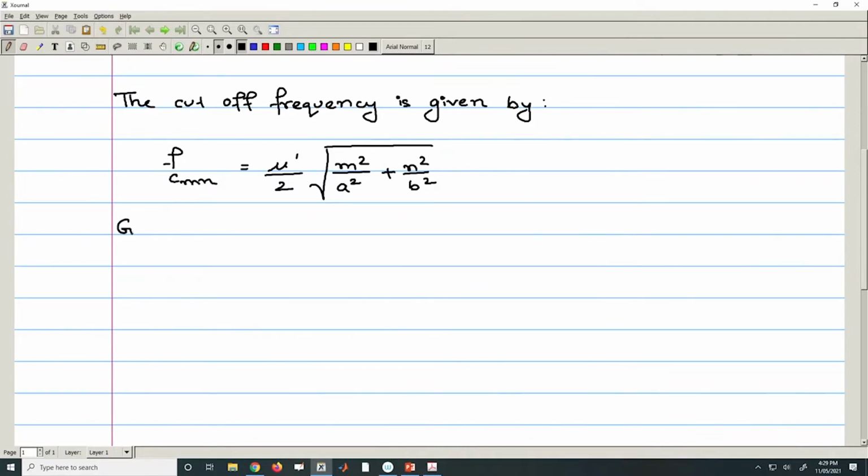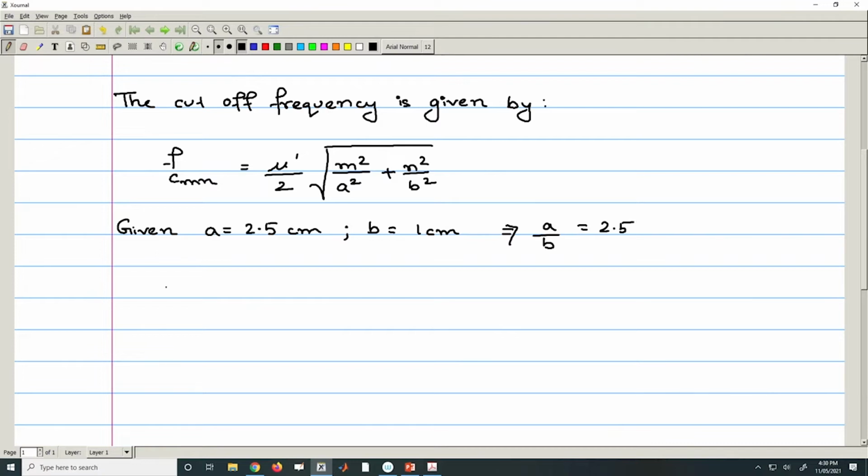So, we are given that a is 2.5 centimeter and b is 1 centimeter. Okay. So, we can write a upon b is 2.5.